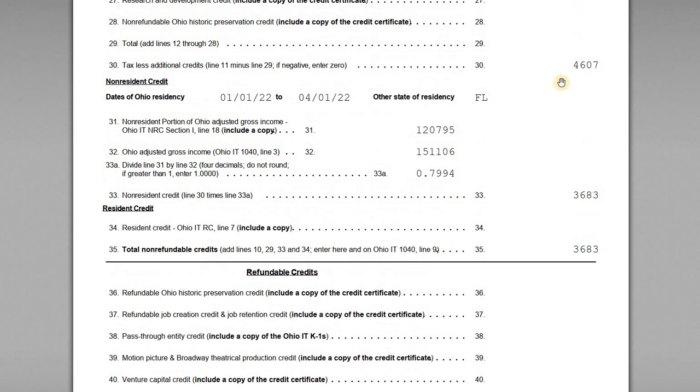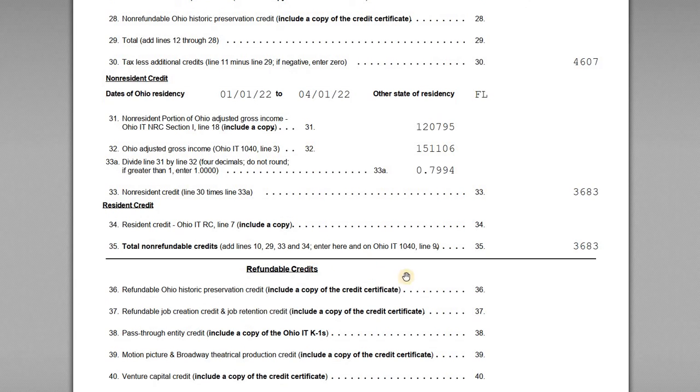So now our credit, take line 30, 4607 times 0.7994, and we get a non-resident credit of $3,683. All right, so this is the amount of our credit that can be applied against the total amount of tax calculated on all the income. So we report the 3683 on the 1040 in line 9.